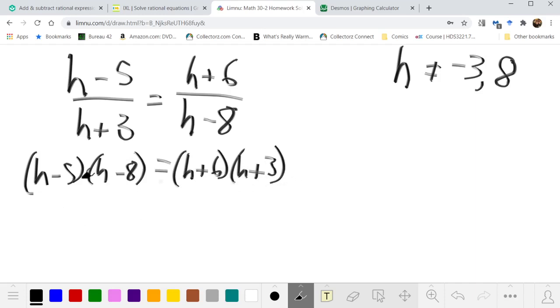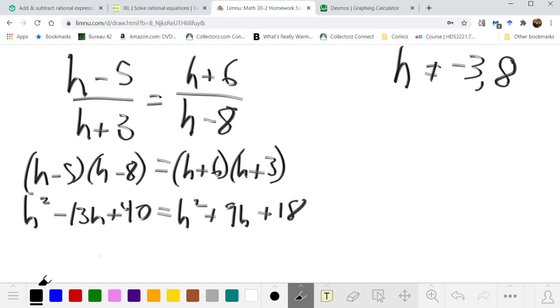Now we multiply through with these terms using our distributive property with that FOIL mnemonic to help us keep track of what steps that we have. Our h squareds are going to cancel.